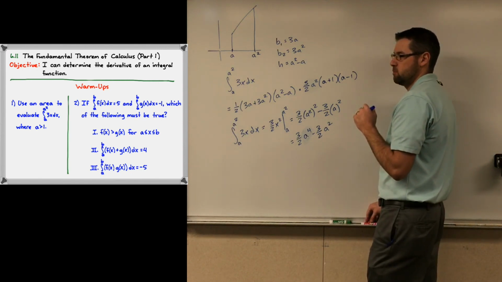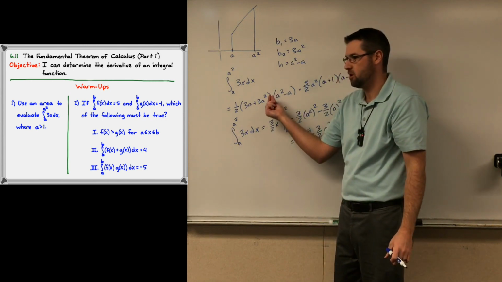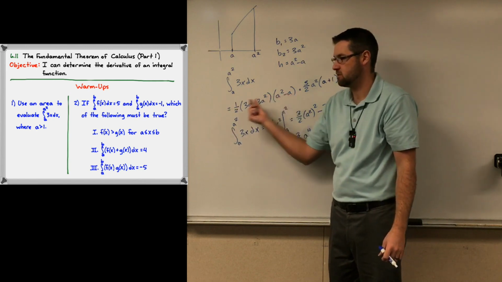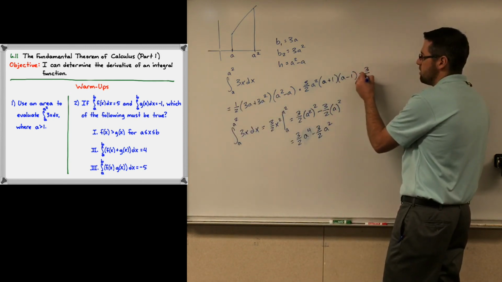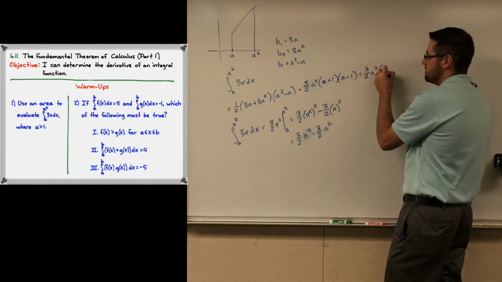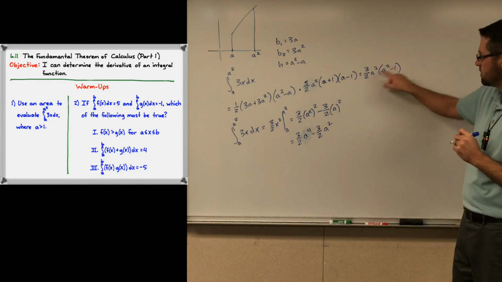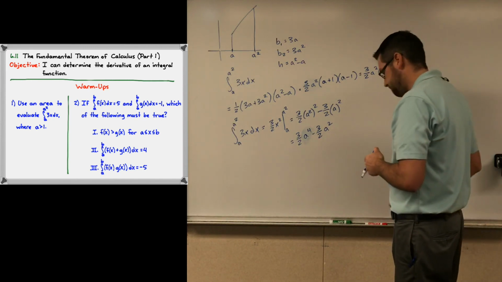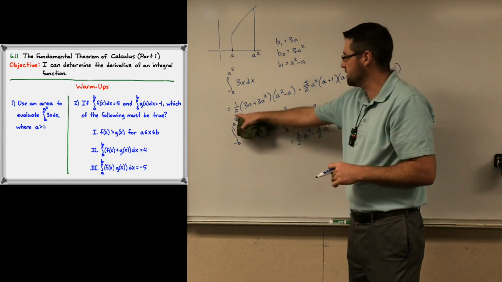Yes. So you can factor out an a from this, and you can factor out an a from this. So that's a squared. So this can simplify to 3/2 a squared times a squared minus 1, right? So 3/2 a to the 4th minus 3/2 a squared, same thing. Okay? So that's that. If you got it like this, you're fine.